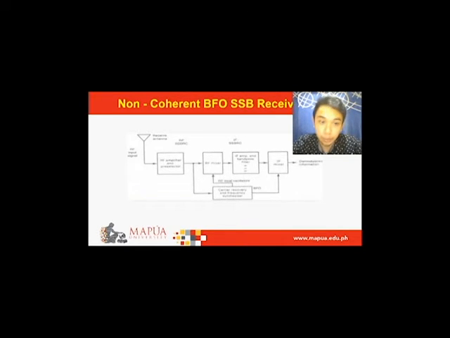First it goes to the antenna and then the RF amplifier, and then to the RF mixer, then carrier recovery and frequency synthesizer, which is the BFO, which goes back to the RF mixer. Then the IF amp and bandpass filters, and then the IF mixer, where the BFO is also added, and then it goes to a speaker.